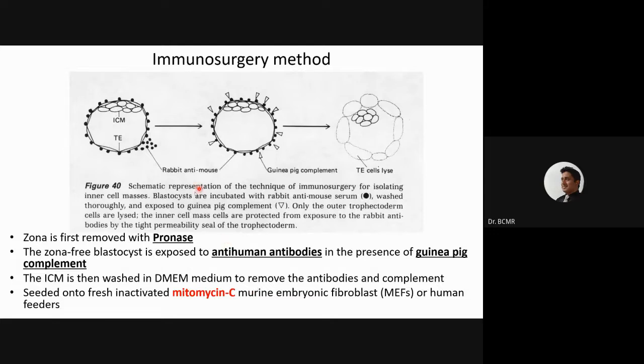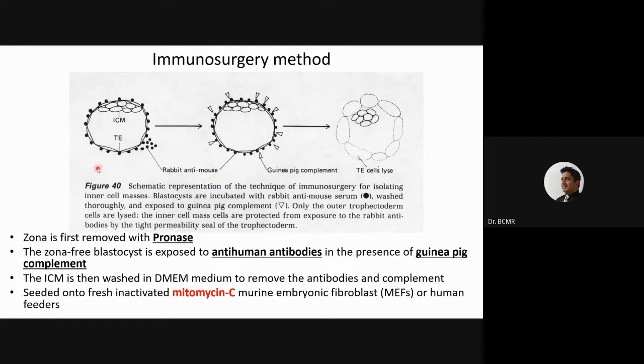The immunosurgery method is nice. Same treatment: we treat with pronase and then with anti-human antibodies if the embryo was human. The picture depicts a mouse, so they use mouse antibodies. When you say rabbit anti-mouse antibodies, that means these antibodies were raised in rabbit against mouse antigens.